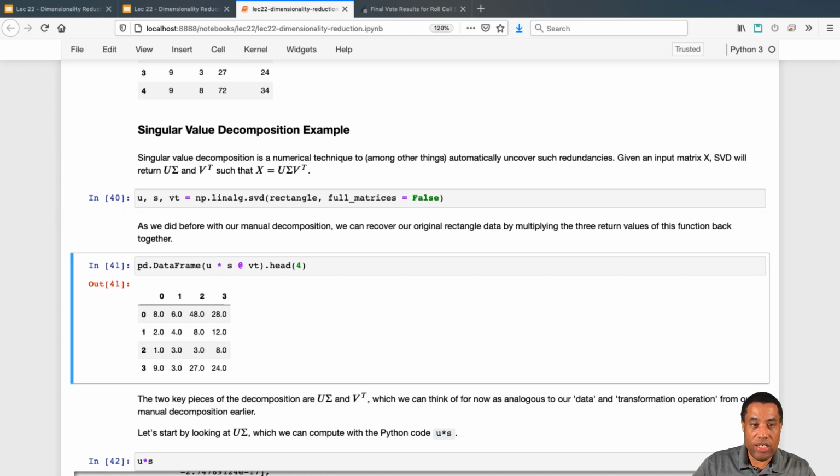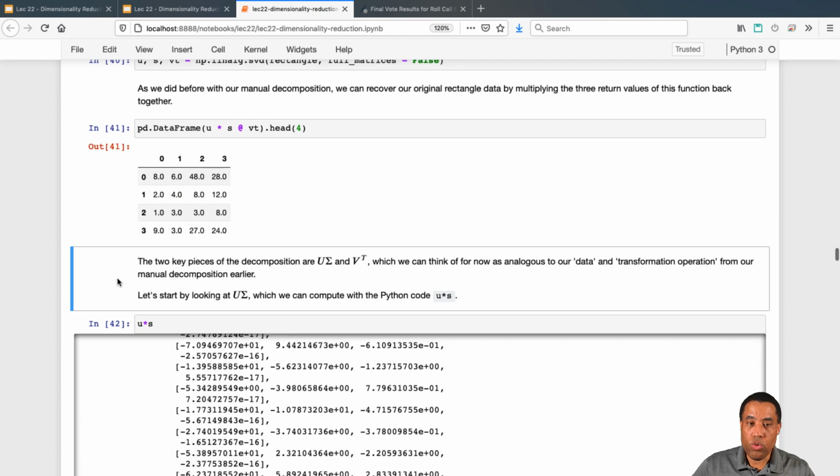Okay, and so now we've created our matrices. If we multiply them out, we get back our original data. So the 2 key components of this are U sigma and V transpose. And so we can think of U sigma as being our data and V transpose as being our transformation operation.